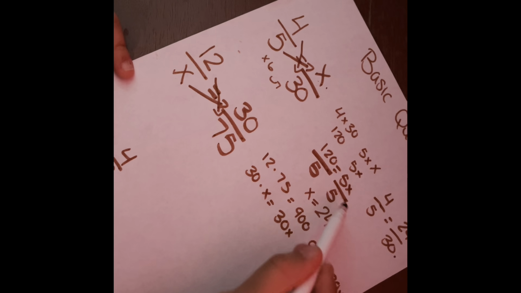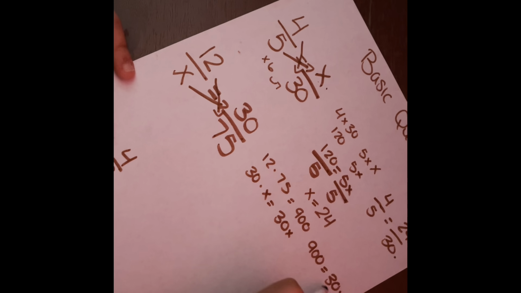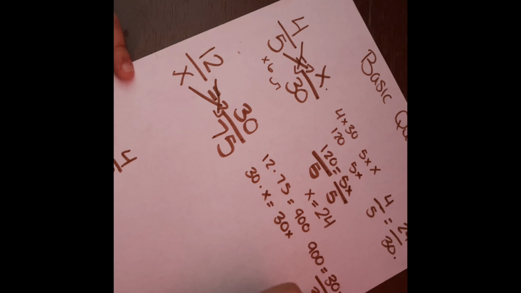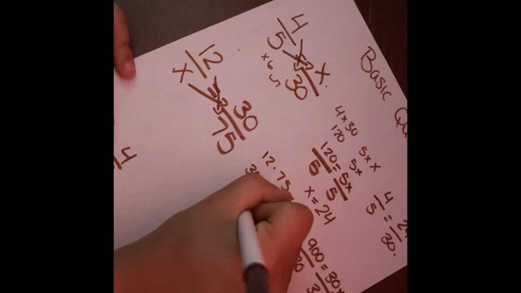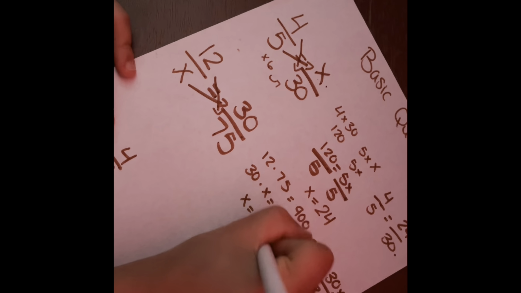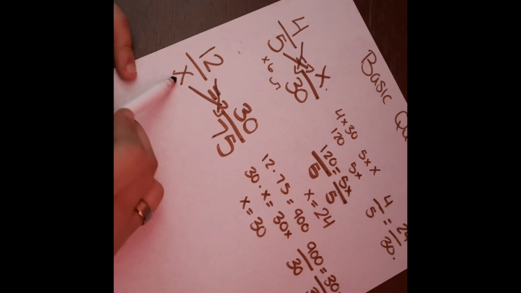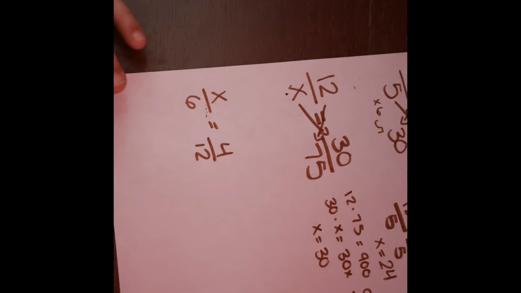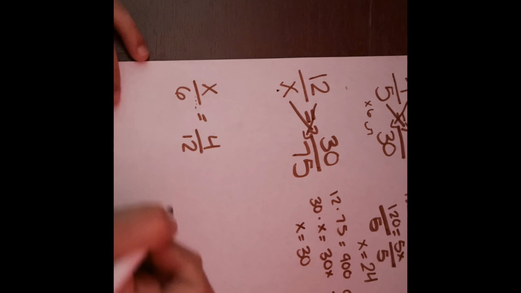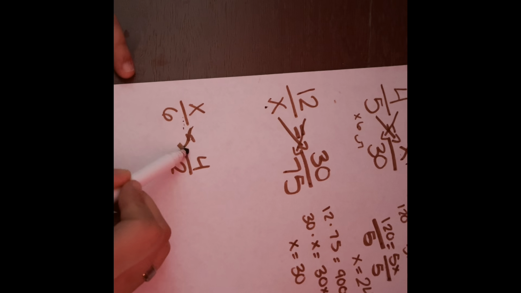Just like we did here, we have to isolate this variable. So we divide by 30 on both sides and we get x equals 30. So your answer right here would be 30. And for this last question, we are doing the same exact thing. We cross multiply each number.